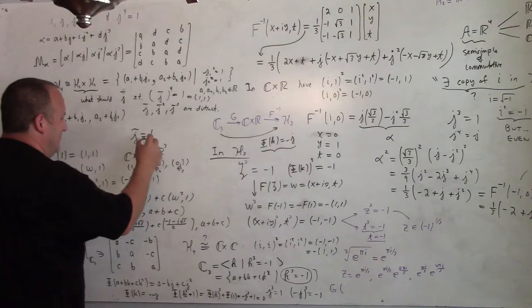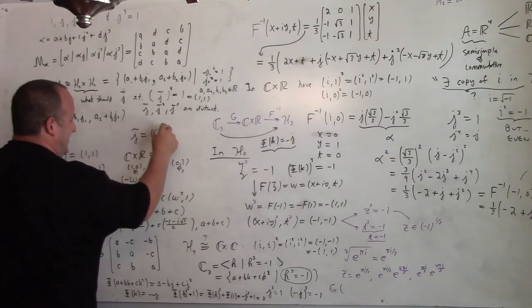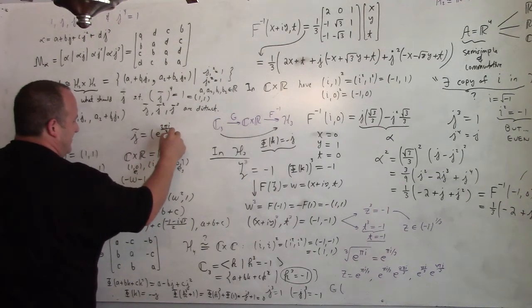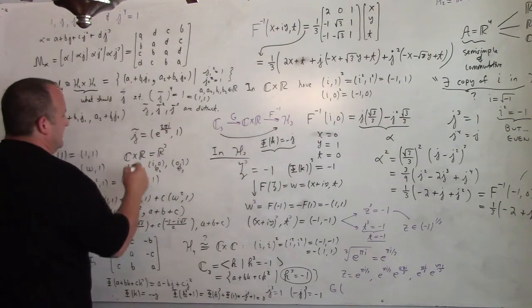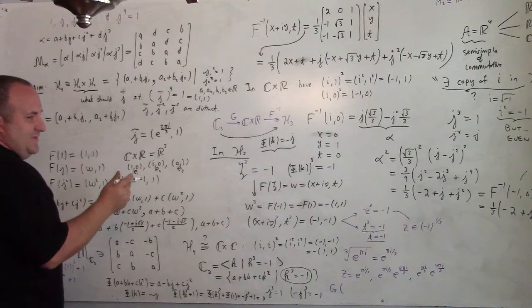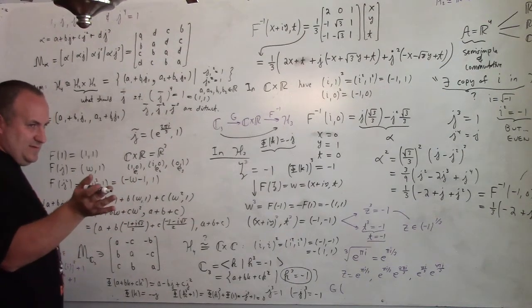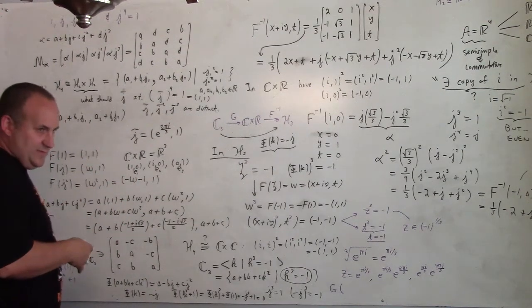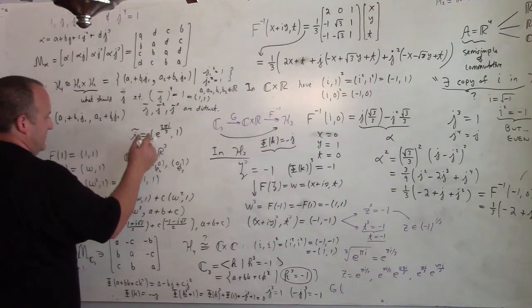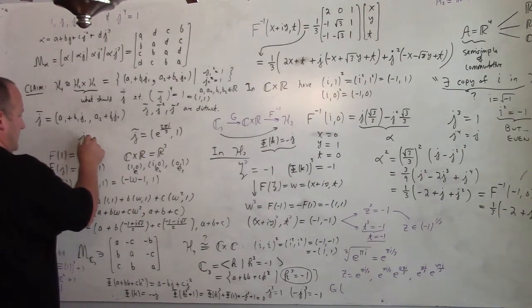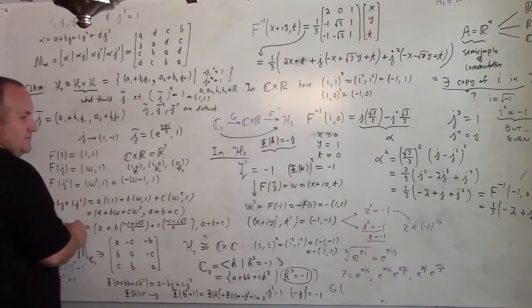The C cross R. We made it E to the pi. It was kind of complicated, right? Yeah. And if you think back to the H2 isomorphism, we made J map to 1, -1.